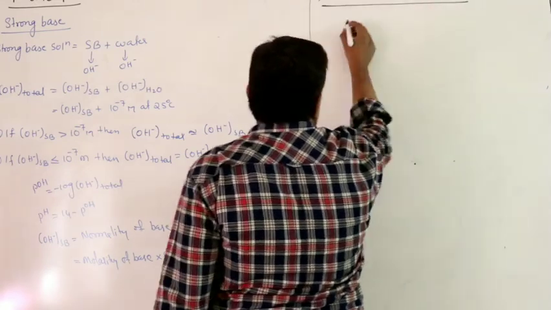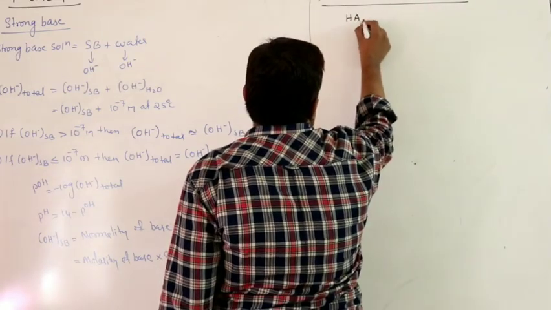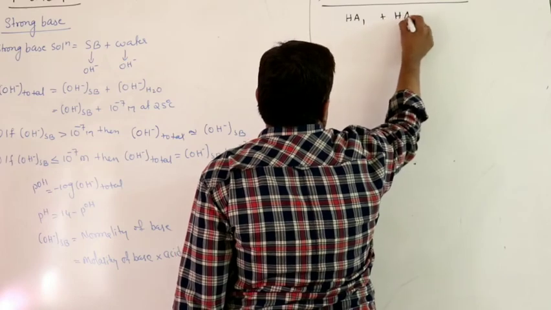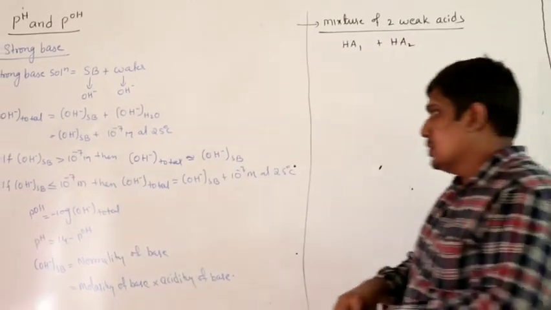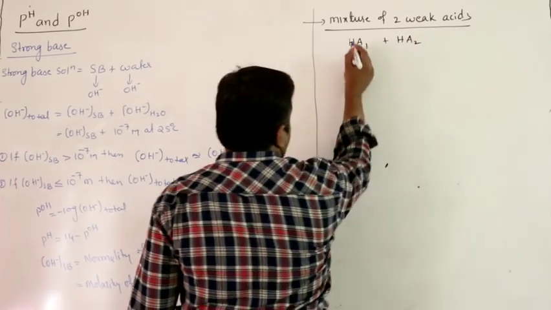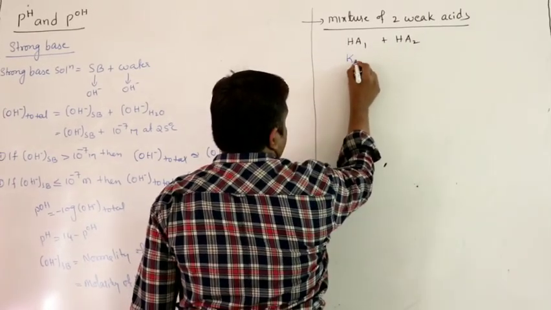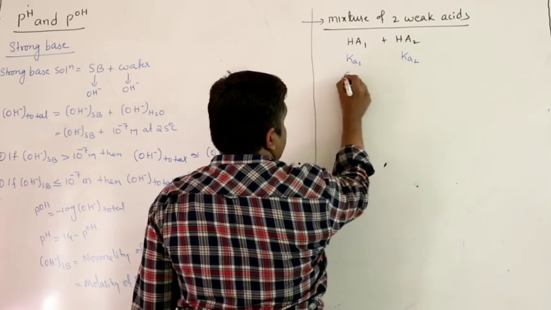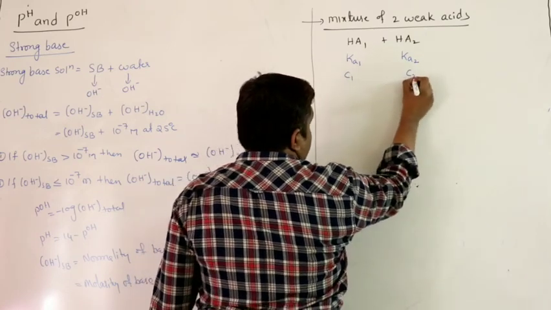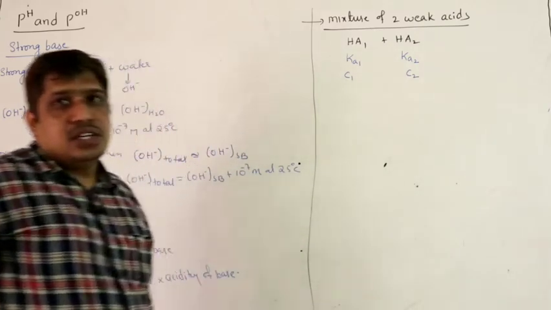So, if two weak acids are given, say HA1 plus HA2, two weak acids in the same system. Its dissociation constant is Ka1, its dissociation constant is Ka2, its initial concentration is C1, its initial concentration is C2.